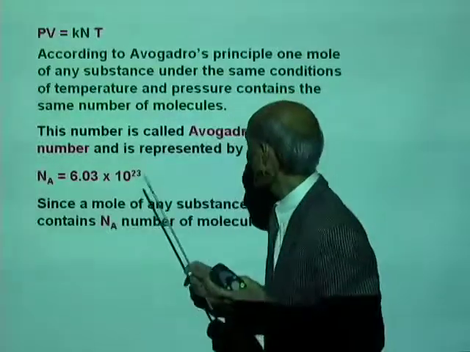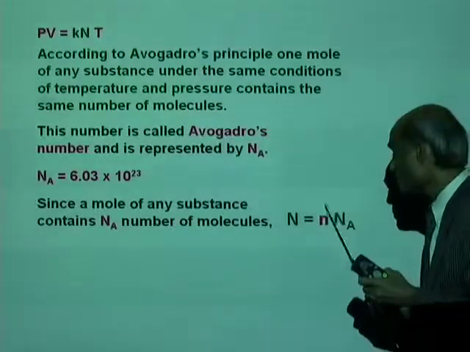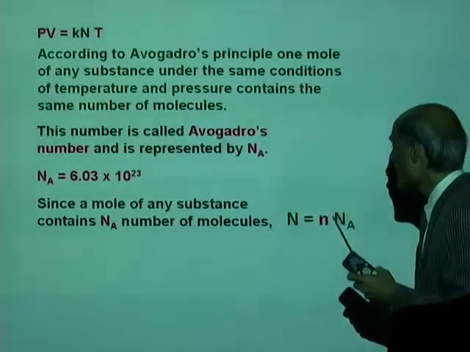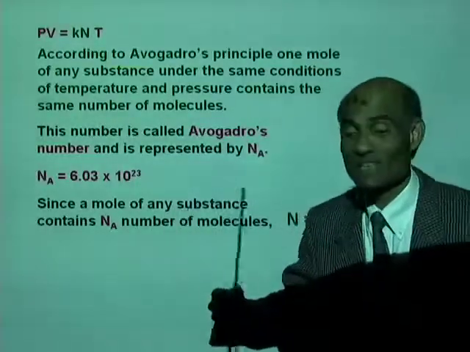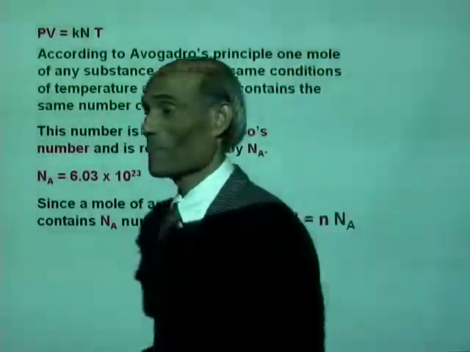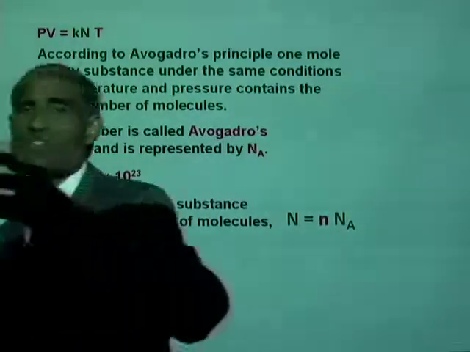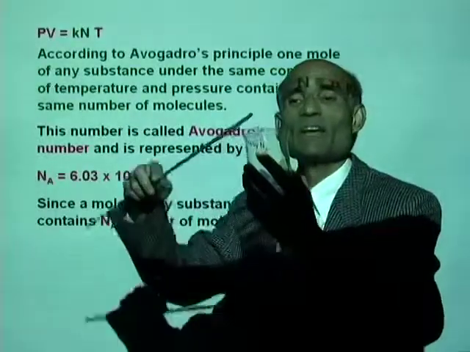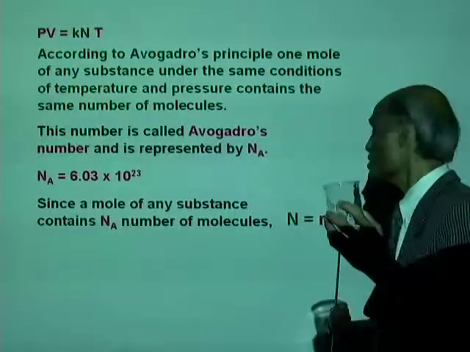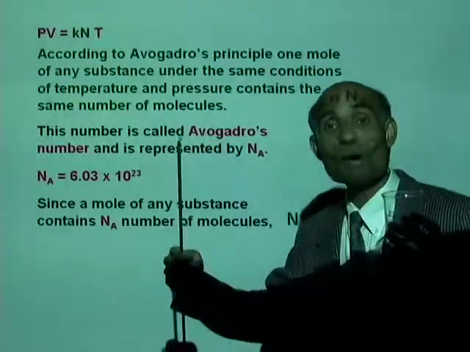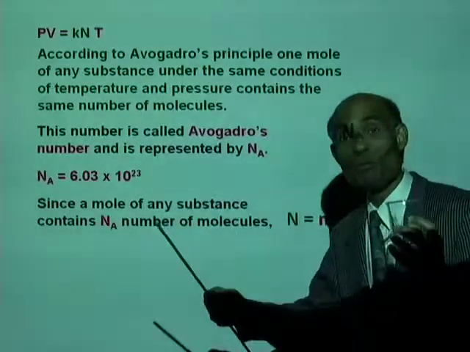That N can then be written as N equal to small n times Na, where small n is the number of moles of gas that you have taken for your study. Na is the number of molecules per mole.